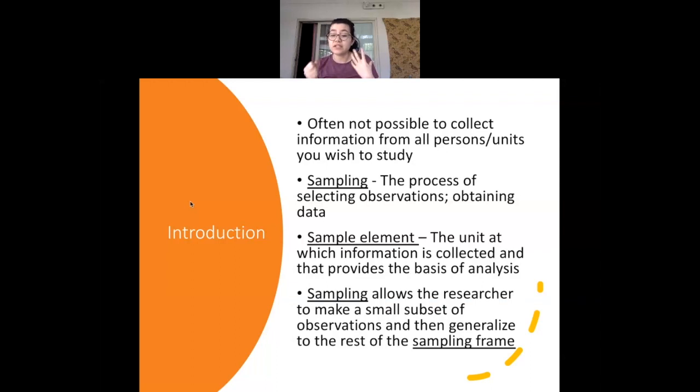And the unit of analysis that we're thinking about in this situation is a sample element. So what I was talking about, if we want to make generalizations about the larger US population, then the sample element is individual US residents, right?